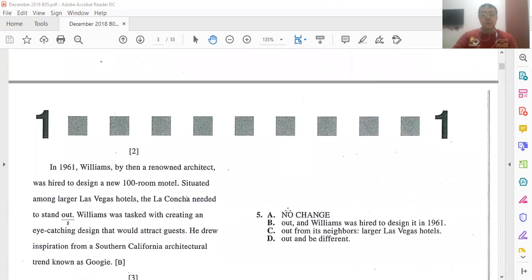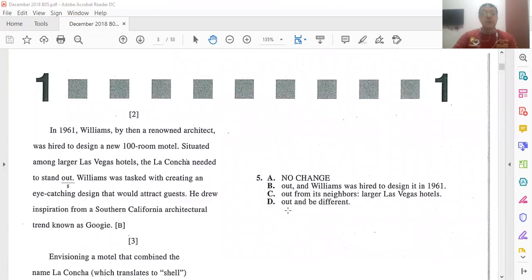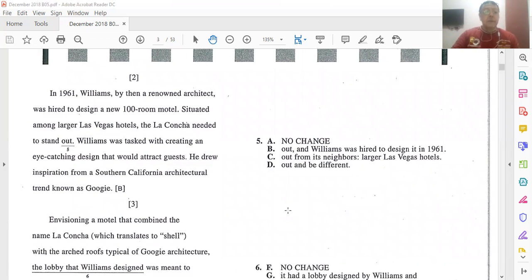Moving on to question number five. La Concha needed to stand out. Situated among larger Las Vegas hotels, the La Concha needed to stand out. No change. Stand out means to be something remarkable.